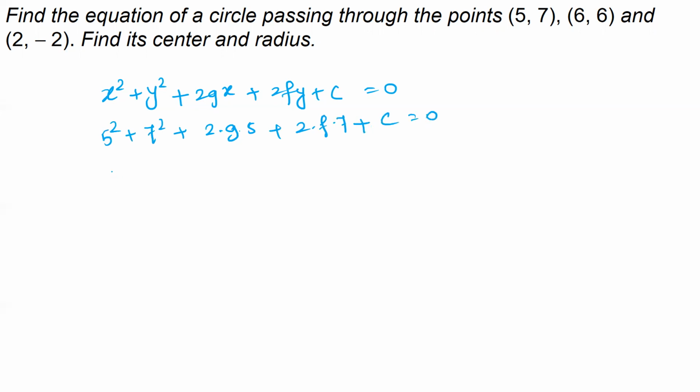On simplification, I get 25 plus 49 plus 10g plus 14f plus c is equal to 0.